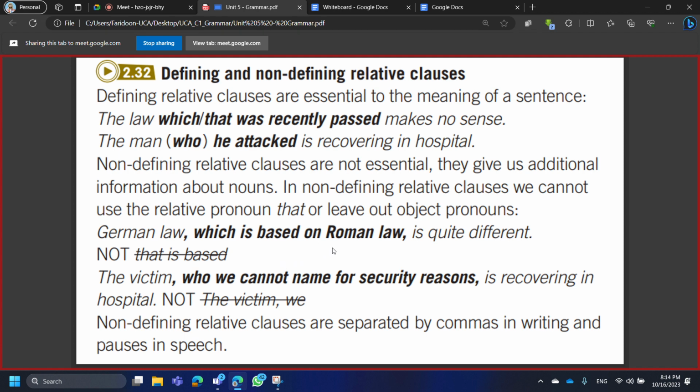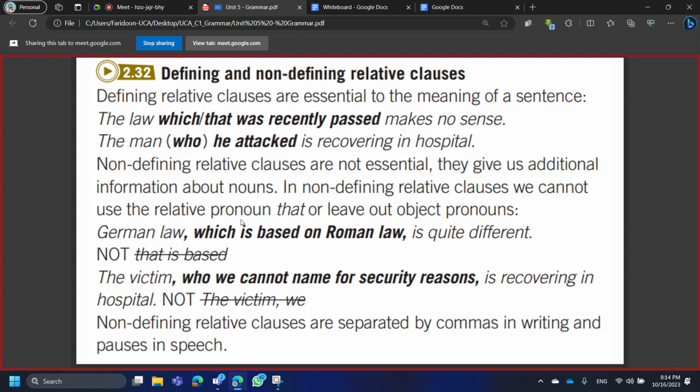It's additional. If you want to have it, have it. If you don't want to have it, don't have it. It's okay. So German law is quite different. My sentence is correct in here. But if I add a non-defining relative clause, my noun in this case will get more information. Like, German law, which is based on Roman law, is quite different.